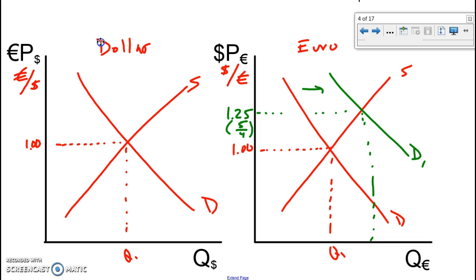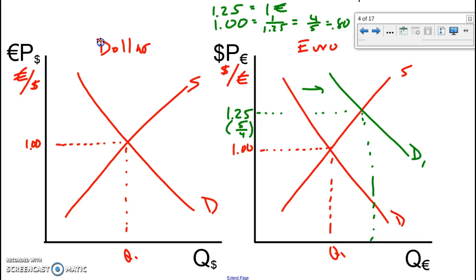Because they are linked like this, if $1.25 buys you 1 euro, then $1 equals what? 1/1.25, or the inverse. So if $1.25 is 5/4, then this must be 4/5 or 0.8. So hopefully the math makes sense there.